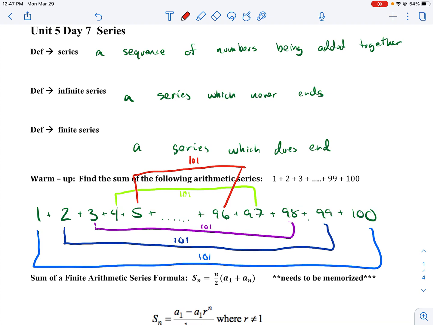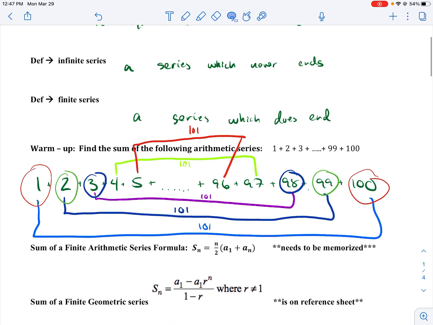What's happening here is when we add this guy to this guy, right, we get 101. When we add this guy to this guy, we get 101. And then when we add this guy to this guy, 101, so on and so forth. Okay? And so how many times do you think we can actually end up doing that?